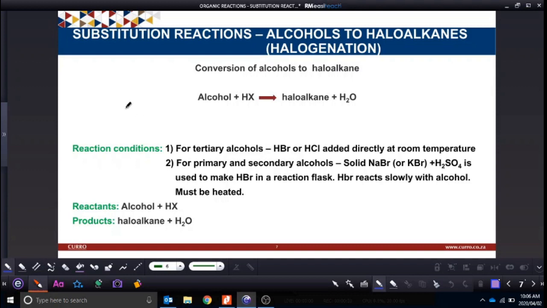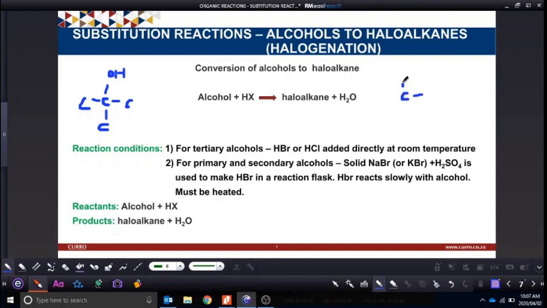Remember, what is tertiary again? We have our carbon, and it's bonded to our OH. Tertiary means it's bonded to 3 other carbon compounds. And then primary and secondary again.